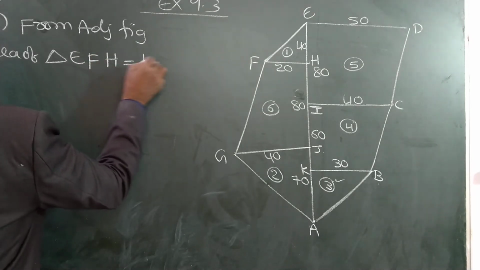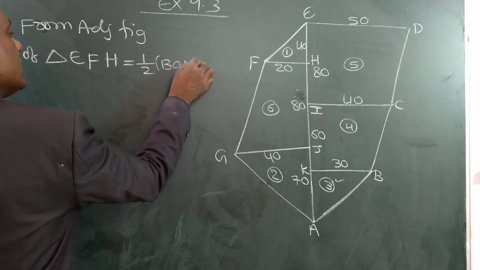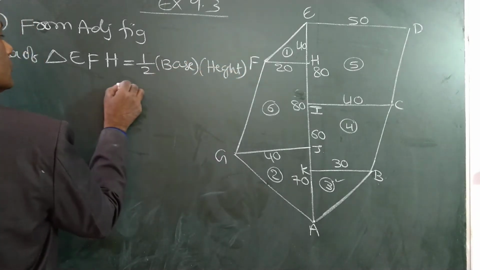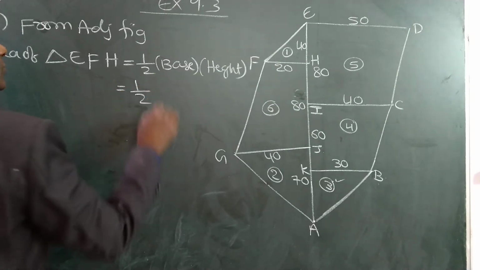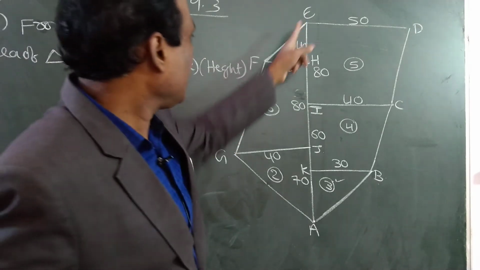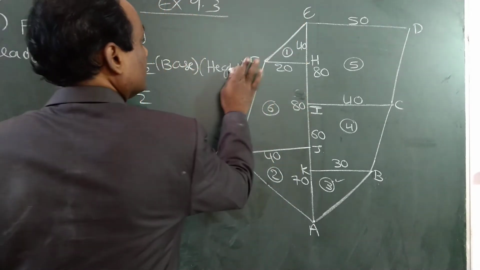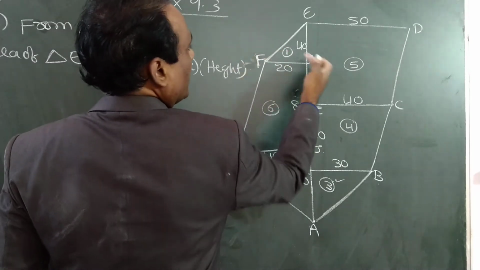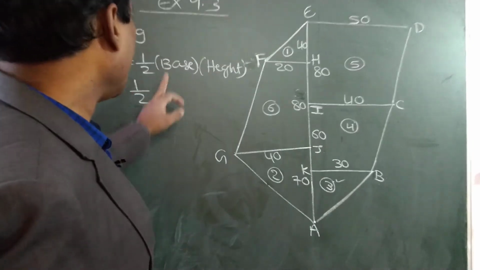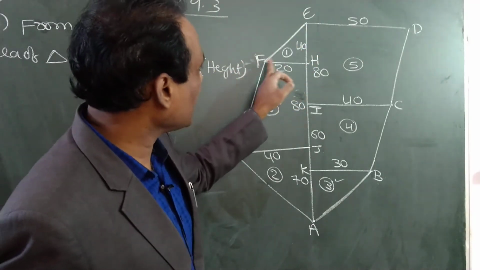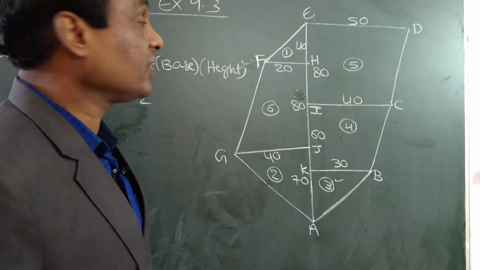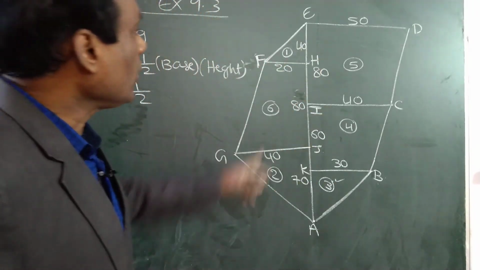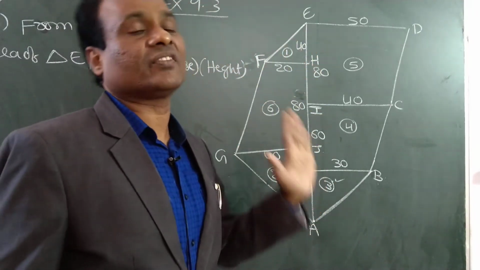Area of triangle formula is half base into height. In this triangle, what is the base and what is the height?